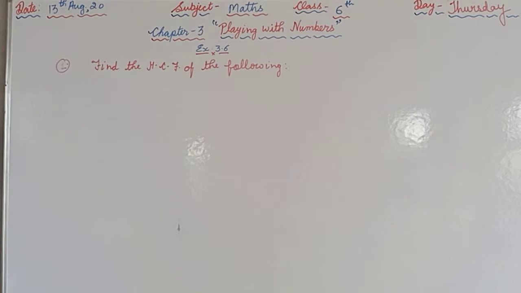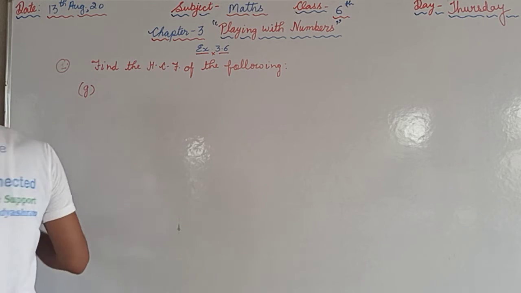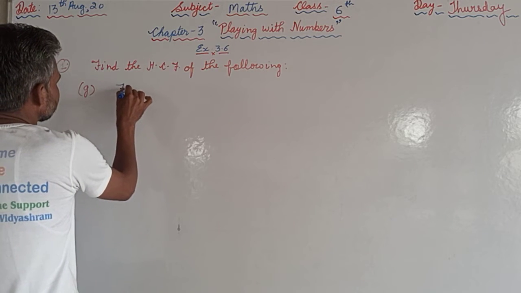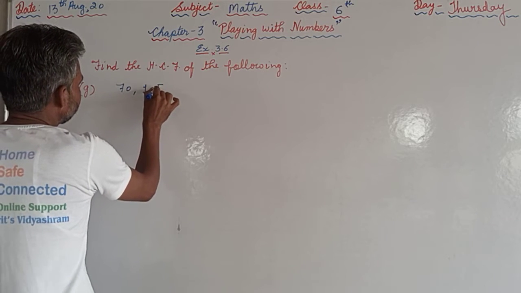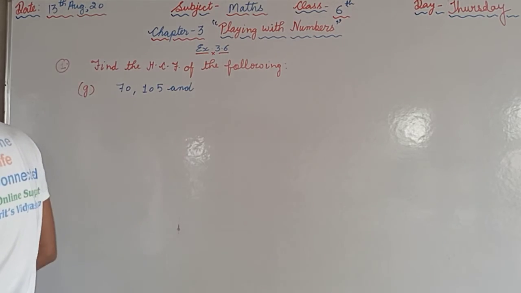So we will take part G. In G, three numbers are given: 70, 105 and 175.